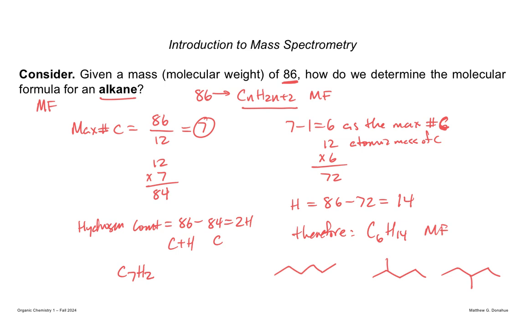So within the molecular formula, you have these different other claims, and that's where things like the carbon and proton uniqueness that we'll learn in NMR will come into play. How do we further funnel it down into what is the actual structure?